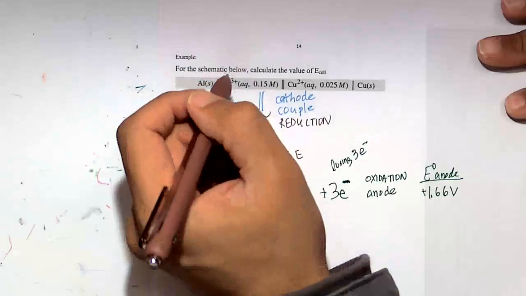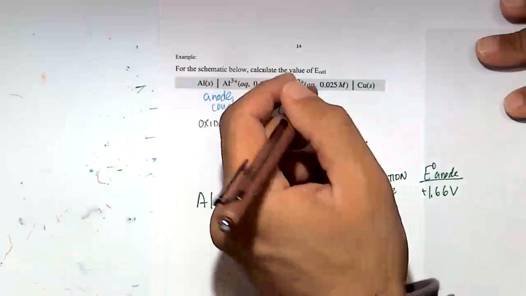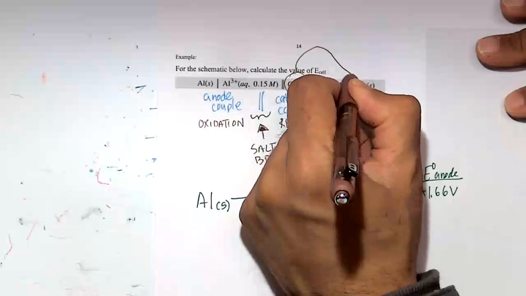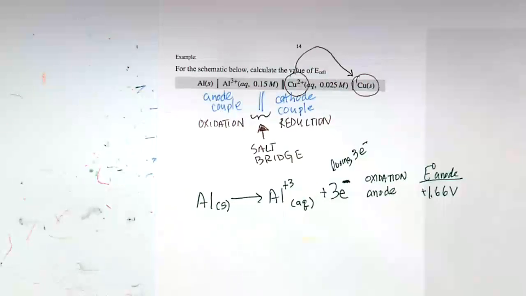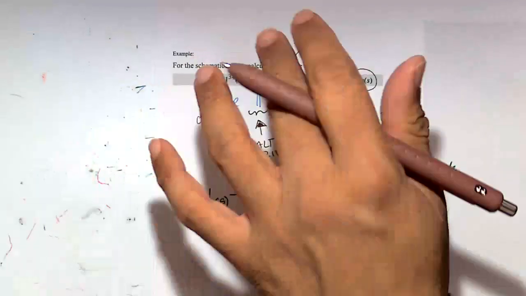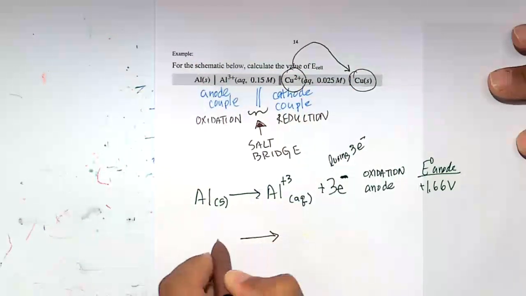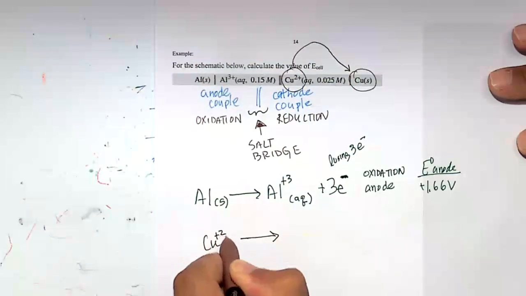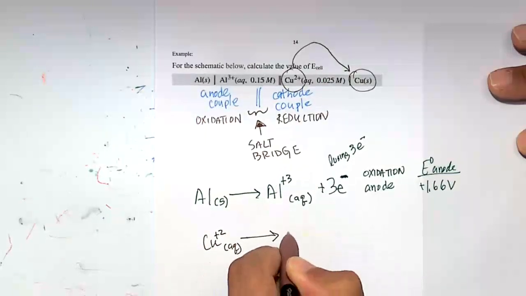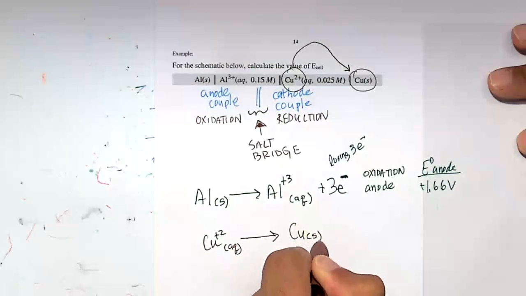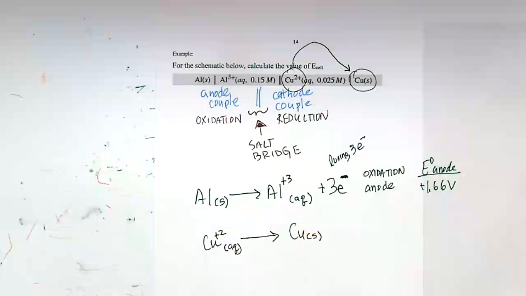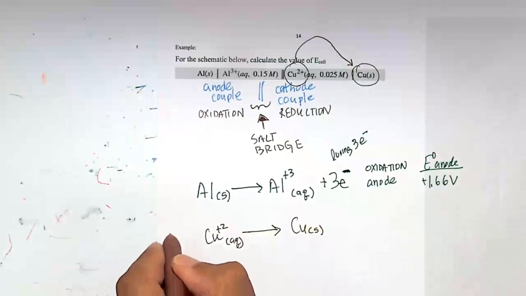All right, and then in the brown, let's do copper. Copper going to copper solid. Anode, salt bridge, cathode. So we have Cu plus 2 goes to Cu solid. How many electrons and where should we put this?